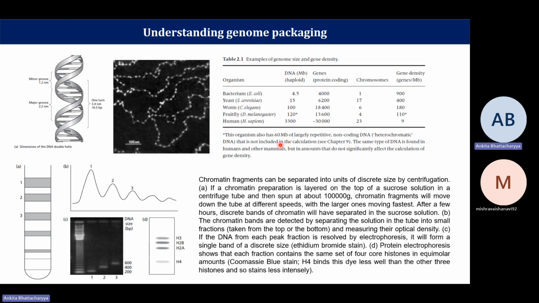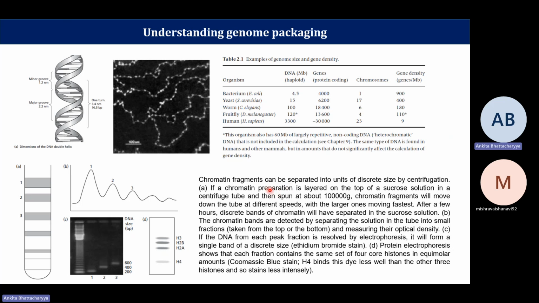Now, practically speaking, say you are in the lab. The discoveries that you read about today were initially the conclusion of some sort of an experiment, right? So how was this done? To study the arrangement or the packaging of the chromosome, chromatin fragments were separated into different units of discrete size.